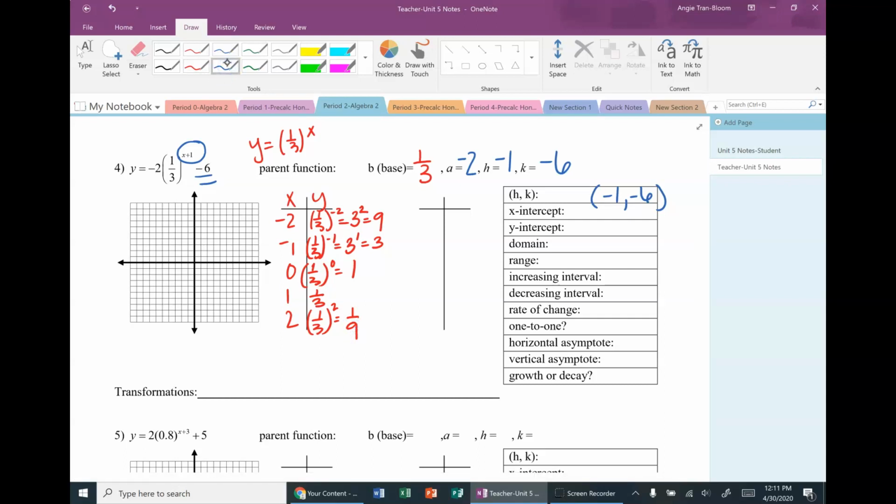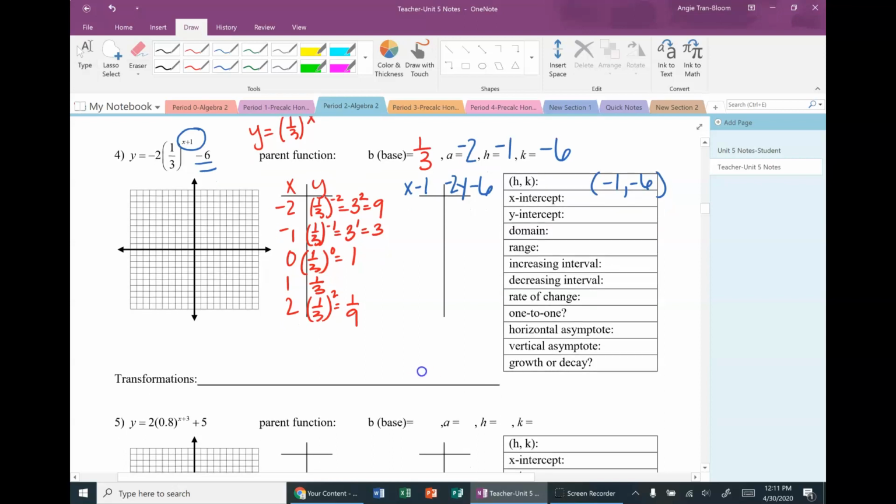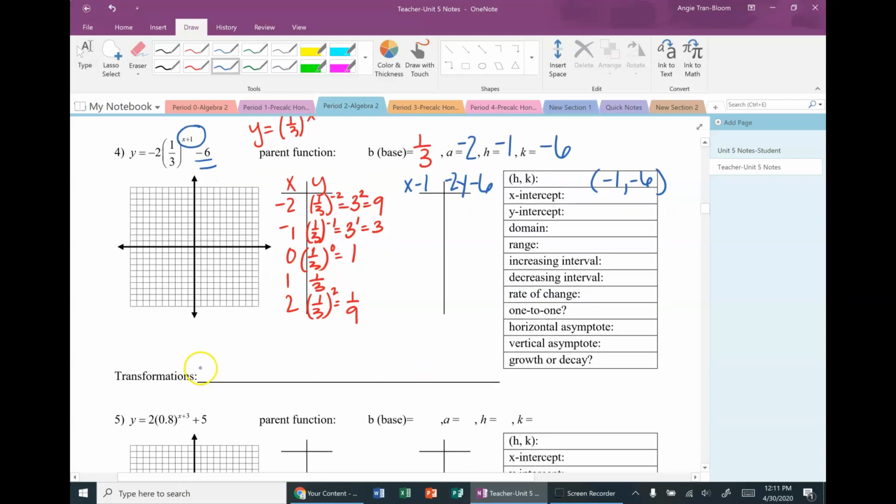Let's use your a, h, and k and transform. X is going to be x minus -1. The a value is -2, so we multiply that by -2, y, and then subtract 6. I'm going to do the transformation first because I almost forgot it from earlier. So first, the -2, that will give you 2 transformations.